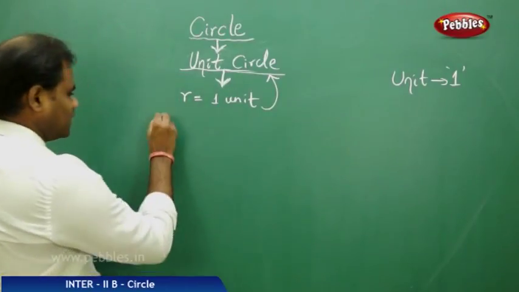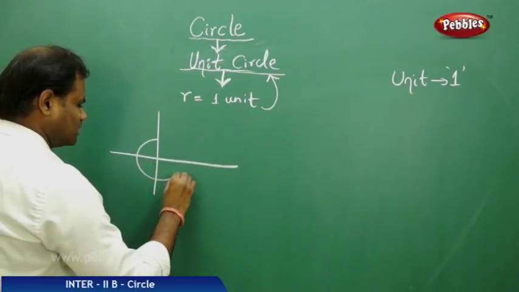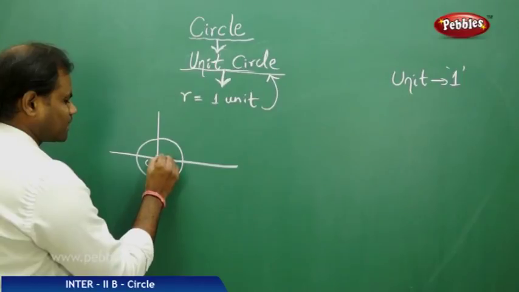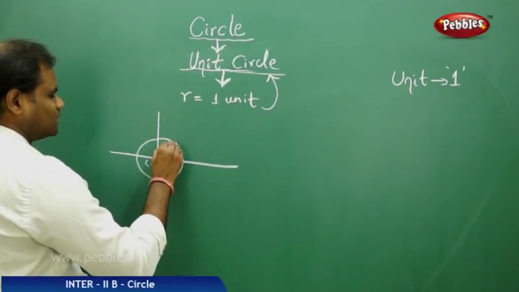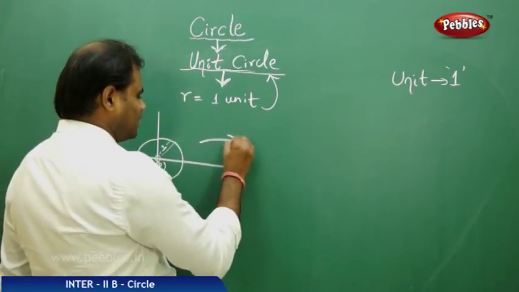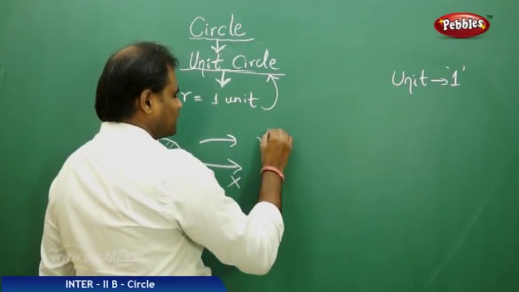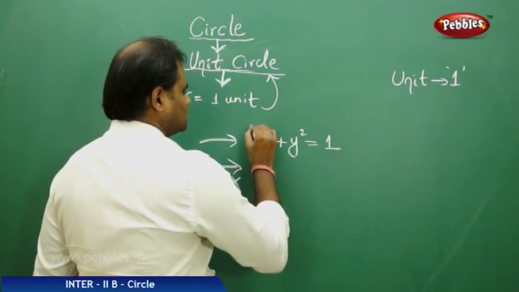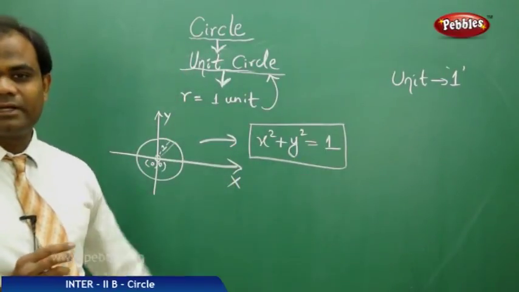Say for example, if I take a circle with center as origin and the radius is 1 unit, then in this case of radius being 1 unit and center as origin, I have my equation of circle given by x squared plus y squared equal to 1, which is called the equation of the unit circle with center as origin.